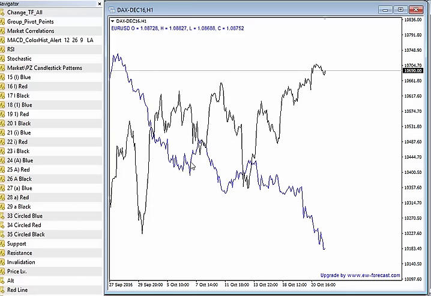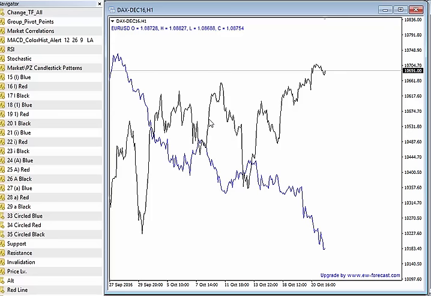The correlation is not perfect, you will not see it going tick by tick, but definitely you need to consider the major trends. So if I'm expecting more weakness in euro dollar, then you should expect more upside on German DAX. And here on this 1 hour, this is clearly a negative correlation.